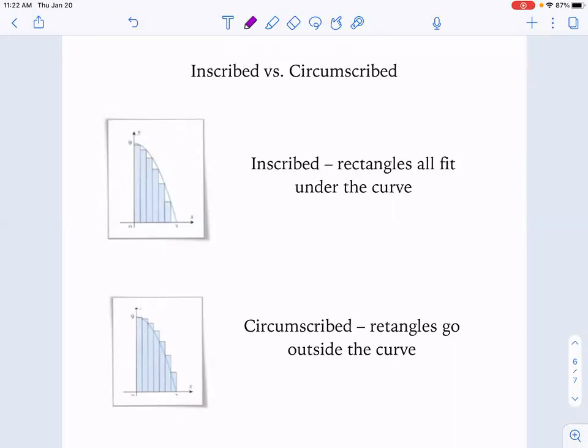So in these pictures, I have a decreasing curve, and what kind of rectangles are fitting underneath? The right hand, okay? Now, if I had an increasing curve, what kind of rectangles would be inscribed?